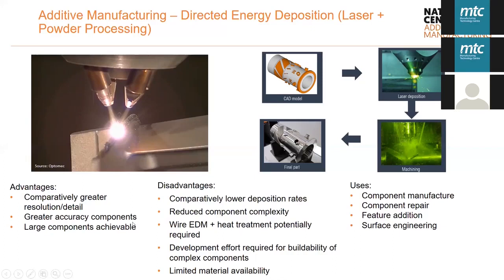for this process. Just touching on some of the hybrid versions of this technology, HMT offer a laser powder blown process head that they will bespoke attach or fit to a CNC system that you might have. That will give you a dual purpose CNC system where you'll be able to build components or add features, or build a component, but then machine within the same process flow.